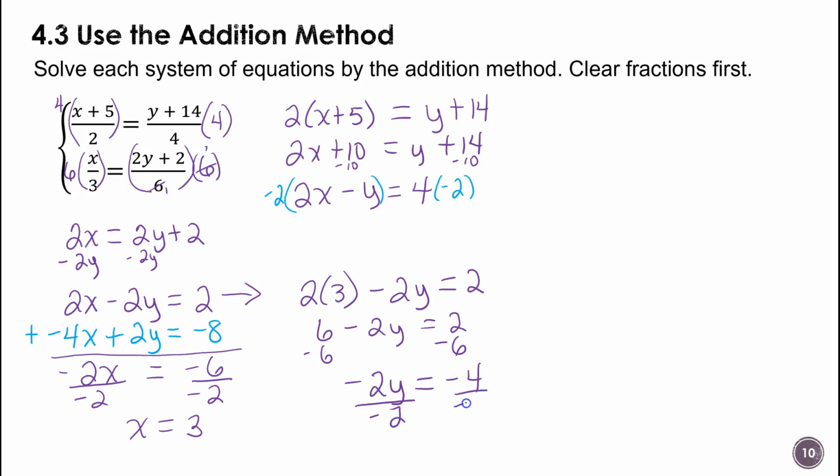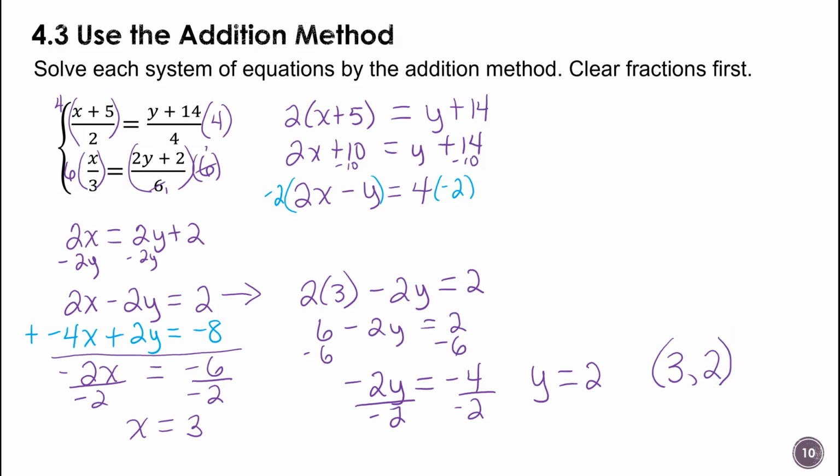I divide by negative 2 on both sides, and I find that y equals 2. So the solution to the system is going to be (3, 2). Let me make a better parenthesis that covers the whole thing.